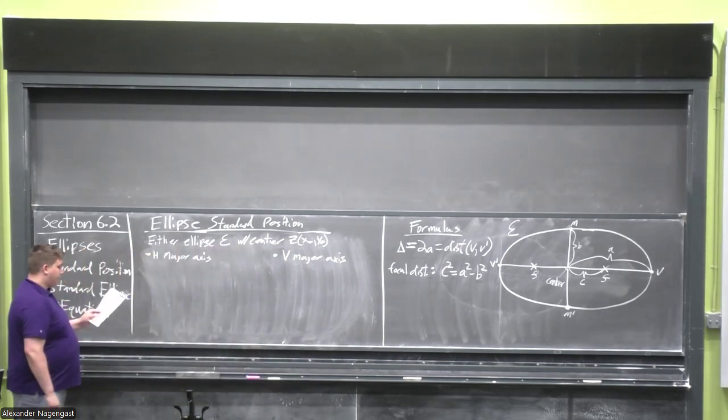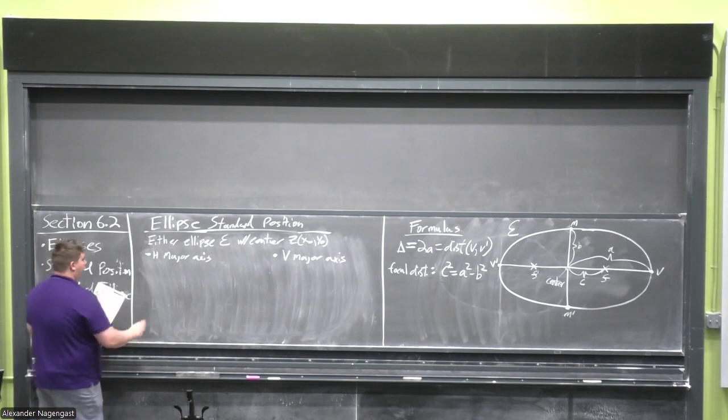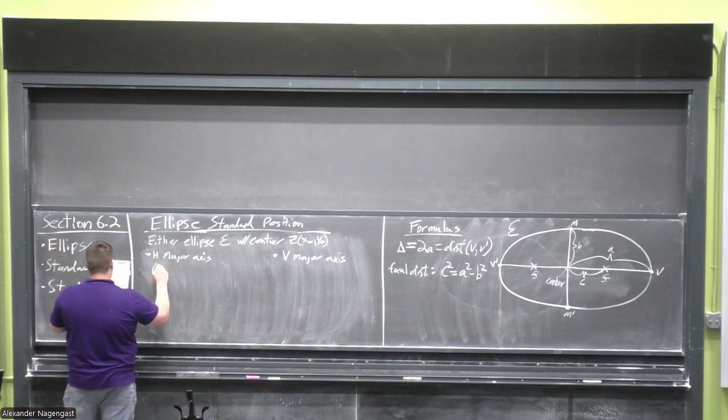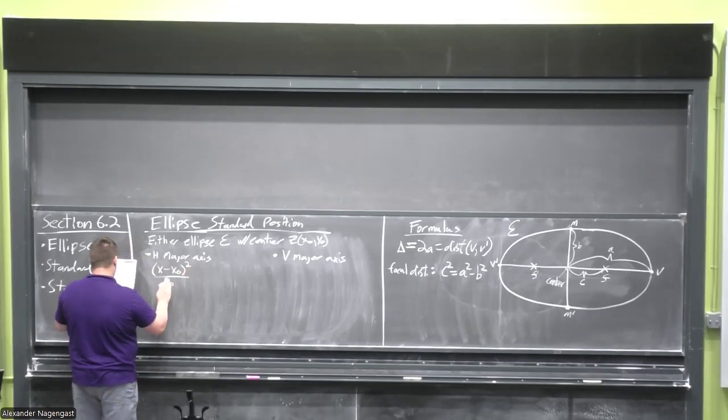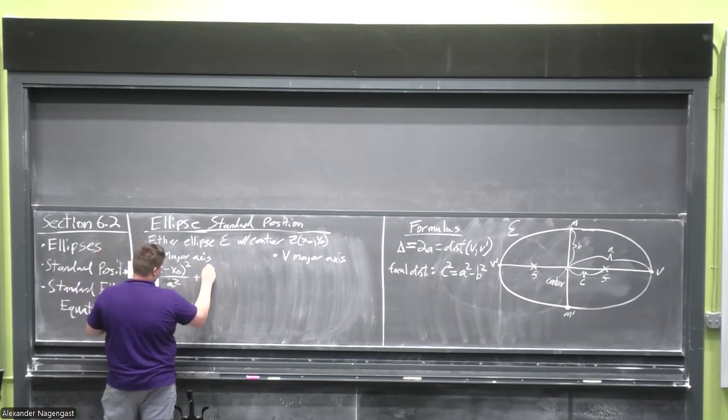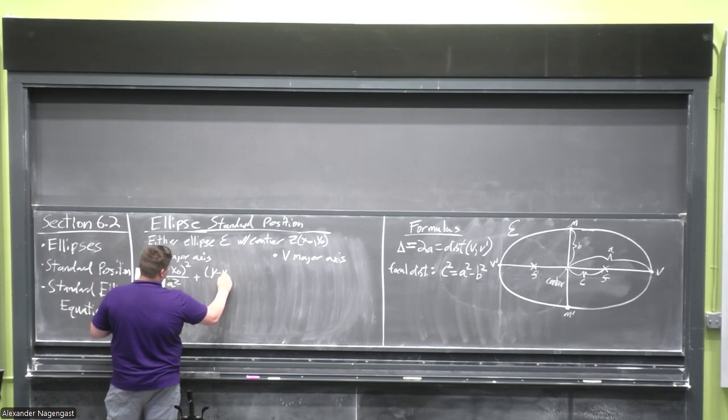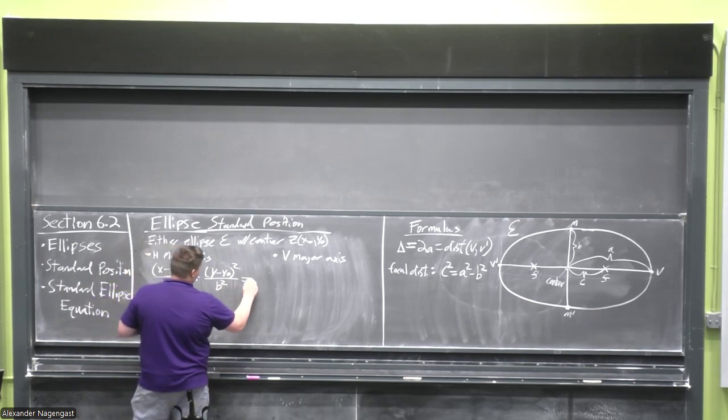Now, with an H major axis, we'll have x minus x naught squared all over A squared plus y minus y naught squared all over B squared is equal to 1.